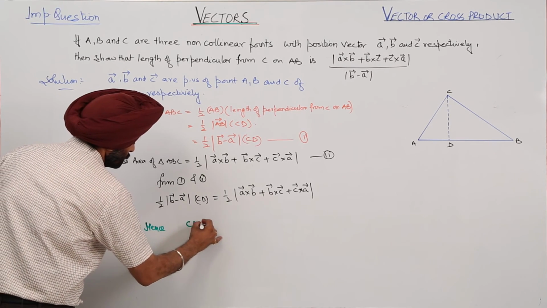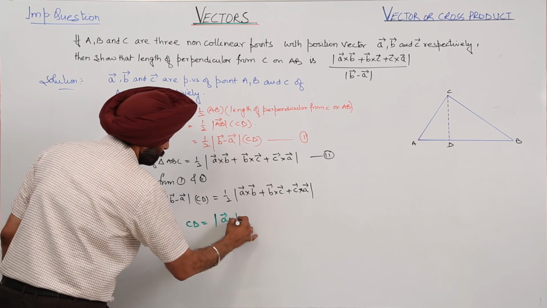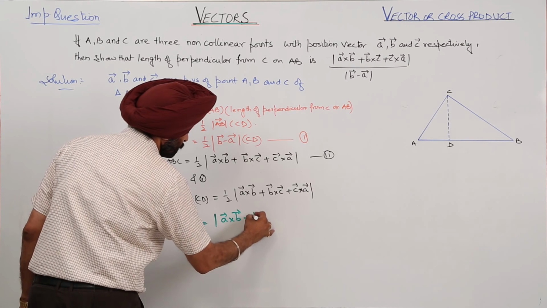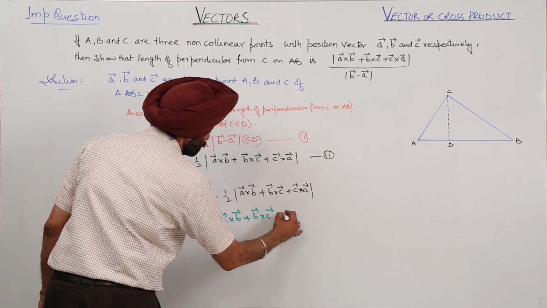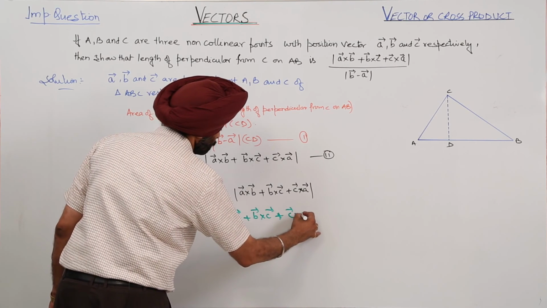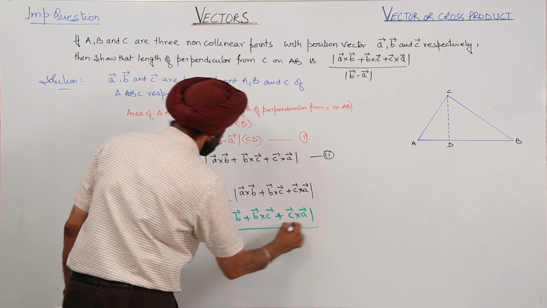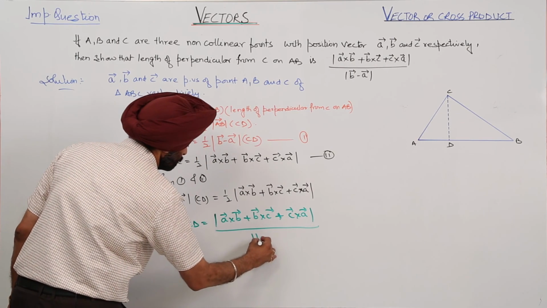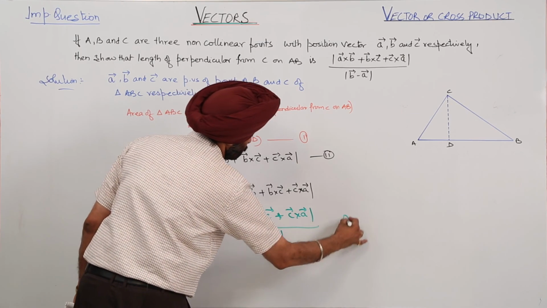Hence, CD is equal to the summation of cross product of AB, cross product of BC, cross product of CA, its magnitude upon the magnitude of B minus A. Hence proved.